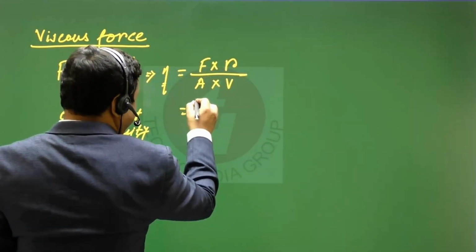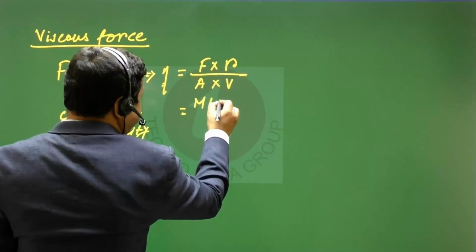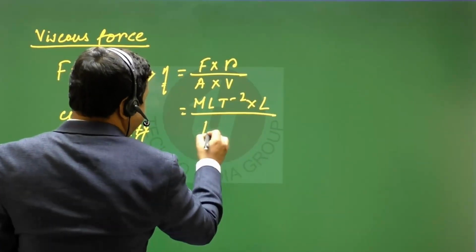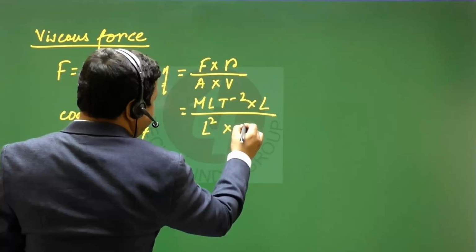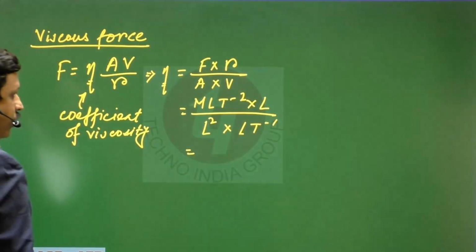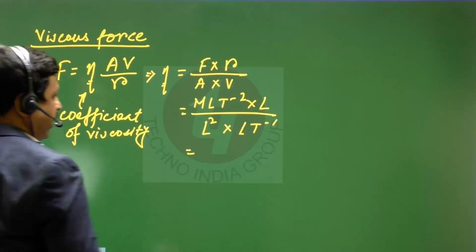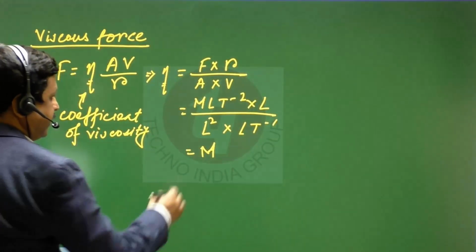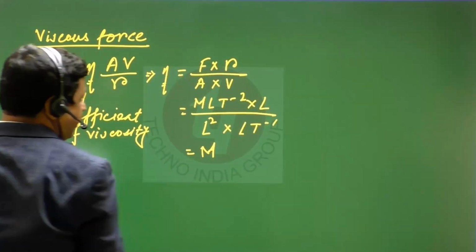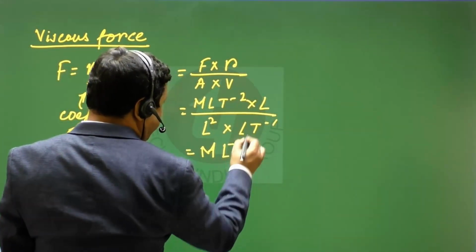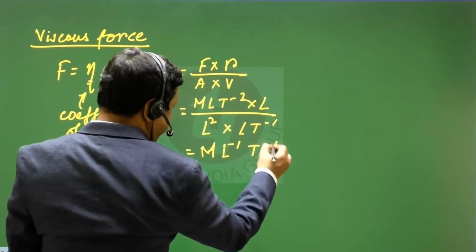The dimension of F is M L T to the power minus 2, R is L, area is L square, and velocity is L T to the power minus 1, you know that. So here M is M, and there is L square, and the denominator is L cube, so L to the power minus 1 and T to the power minus 1.